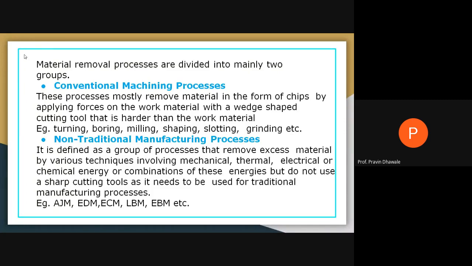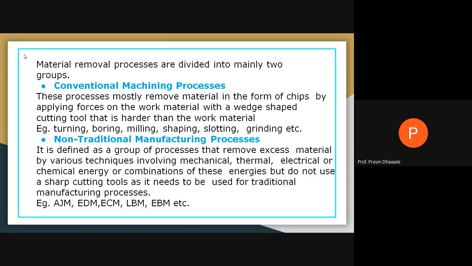They remove the excess material from the workpiece by utilizing different techniques which involve certain kinds of energies. It may include mechanical, thermal, electrical, chemical, or a combination of such energies.